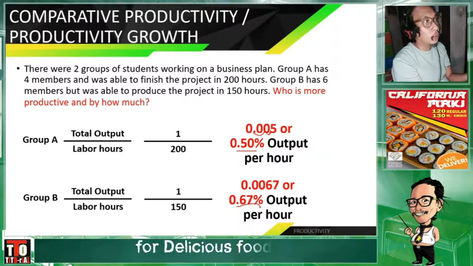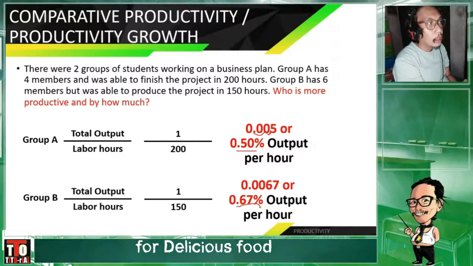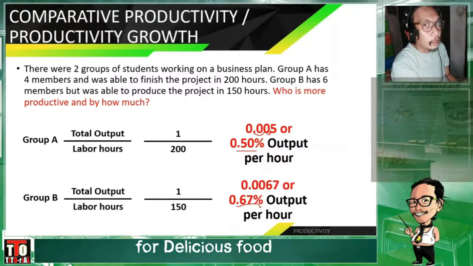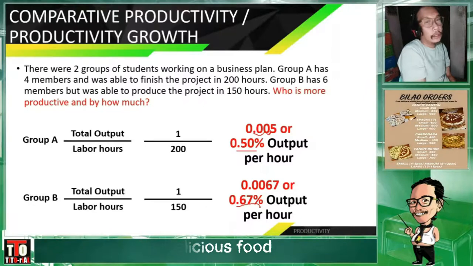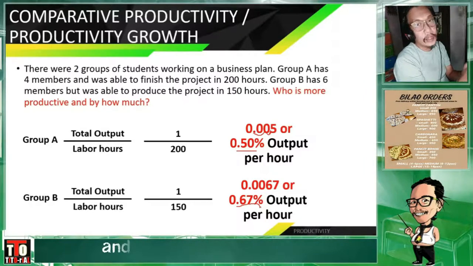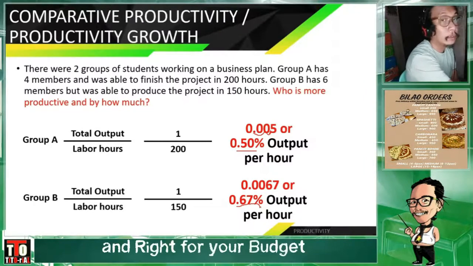That is why they were able to finish it at a longer time, 200 hours. Now, since Group B has more members, they could finish it at an earlier hour than Group A. So, that's the analyzation part coming into play.